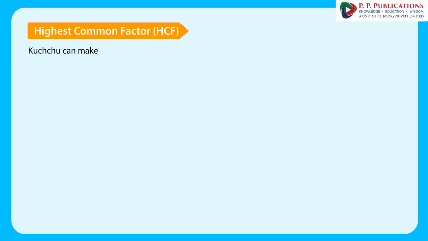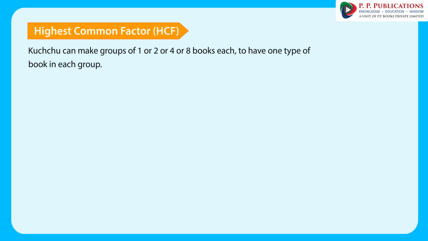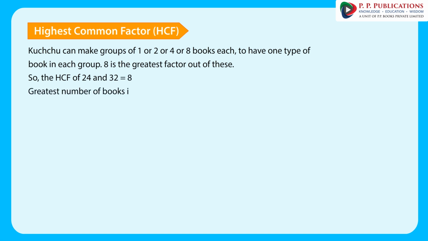Kuchu can make groups of 1 or 2 or 4 or 8 books each to have one type of book in each group. 8 is the greatest factor out of these. So, the HCF of 24 and 32 is 8. Greatest number of books in each group equals 8.